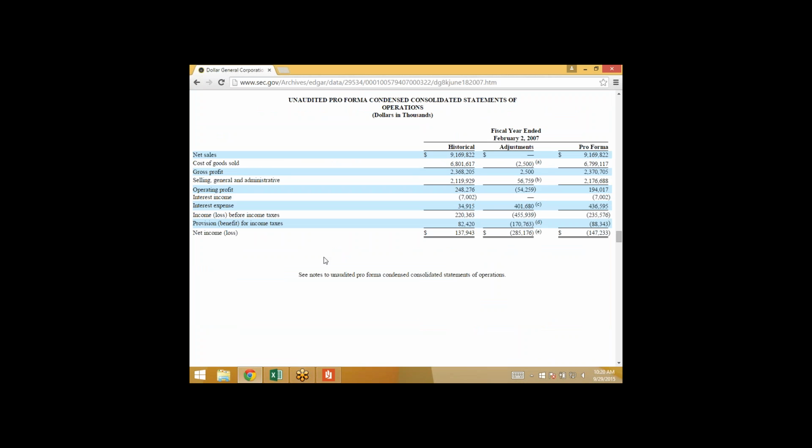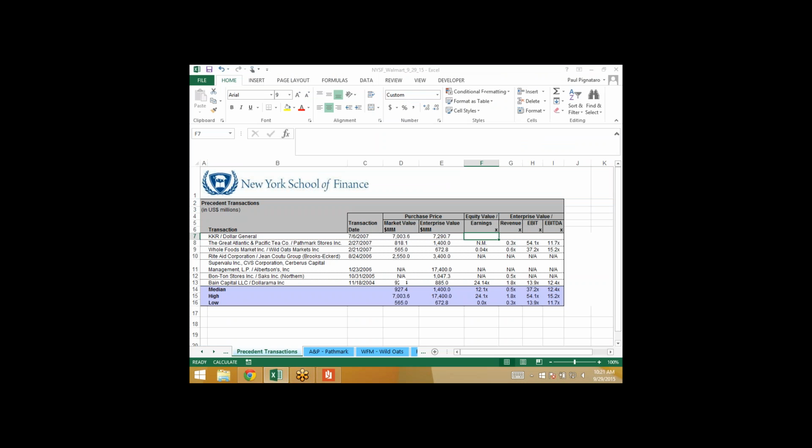We want to know how much they paid for the company on a standalone basis, not with the post-transaction adjustments. We want historical. Net income, 137,943. You can quickly check if there's anything extraordinary if you want to clean this out, but they're not going to have extreme detail. So 137,943 is the earnings.